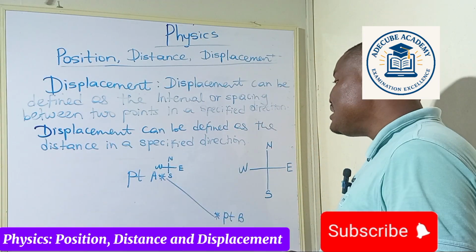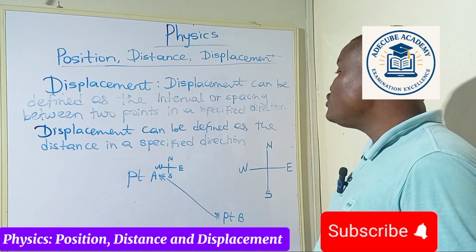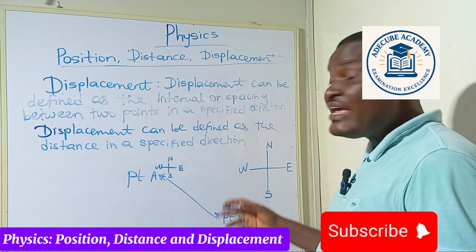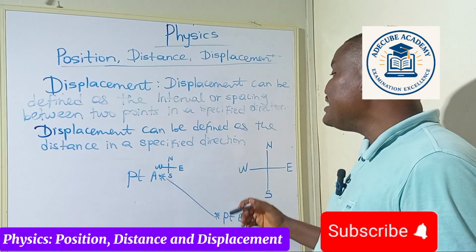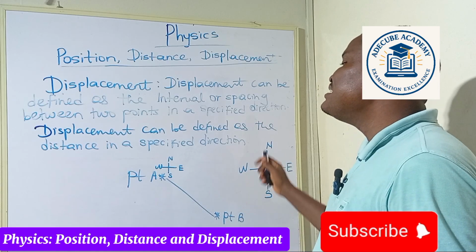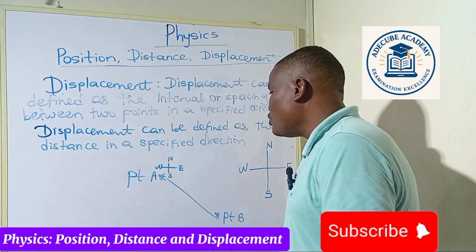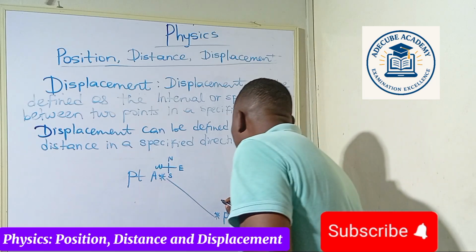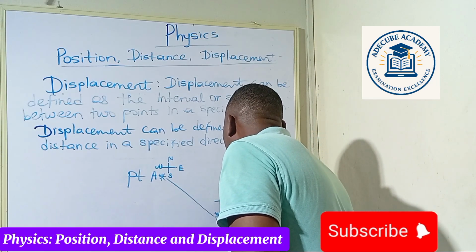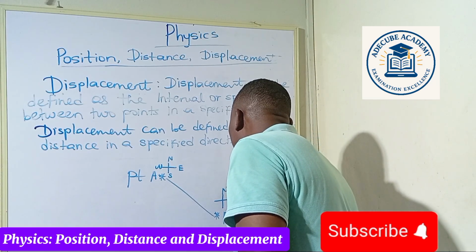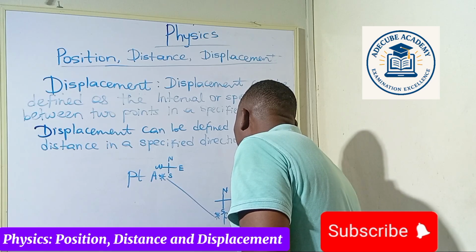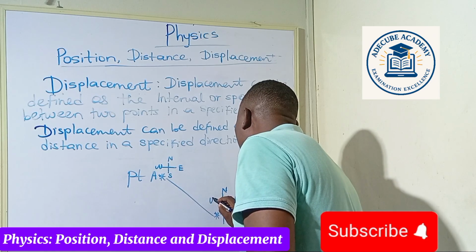Or we can say that the location of point A is in the northwest. Let me take that again. This is north, south, east, and west.